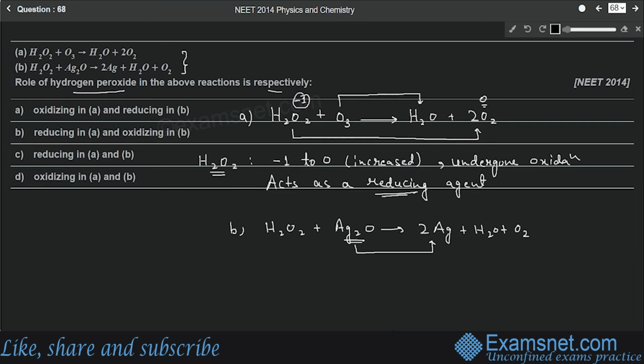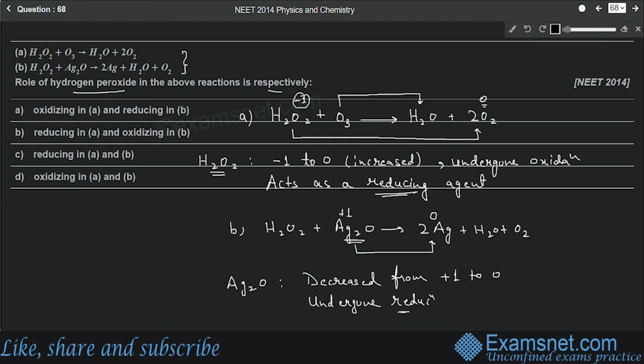In silver oxide the oxidation state of silver is +1, and then it is converted into pure silver where its oxidation state becomes 0. So for silver oxide the oxidation state is decreased from +1 to 0. That means silver oxide has undergone reduction.